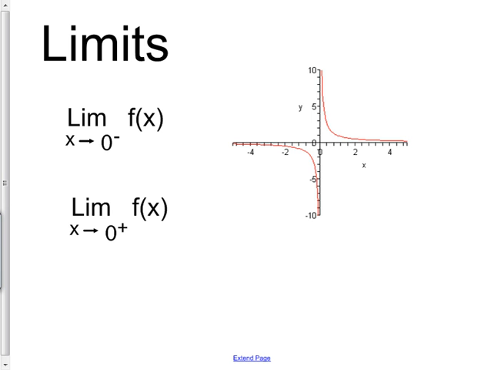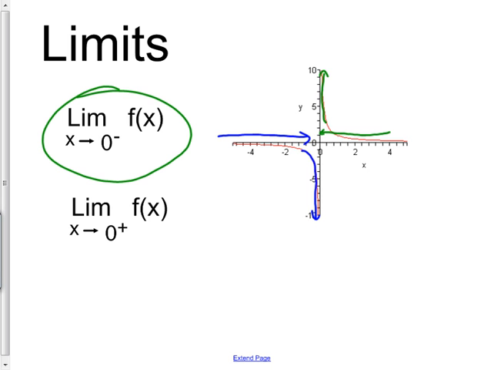All right, so let's look at another one. This one, the limit approaching 0. Do you get that I could go towards 0 from this side and have an answer of negative infinity? If I was approaching the 0 from this side, then I'm going to have an answer of positive infinity? That's why we have this little plus and this little minus. This one's the limit as x approaches 0 from the negatives.